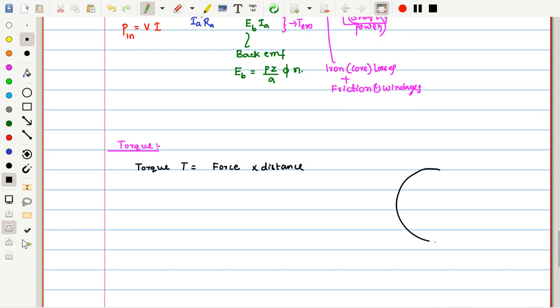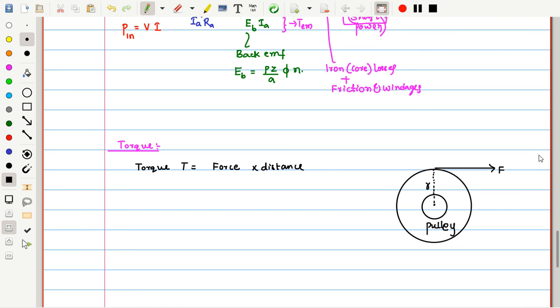For example, if I have some circular object which we call a pulley, and we want to rotate this. Let us say its radius is r, and a force is applied on this in this direction. This is the force.